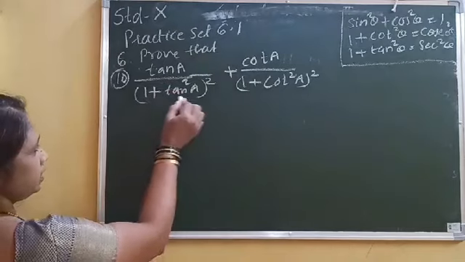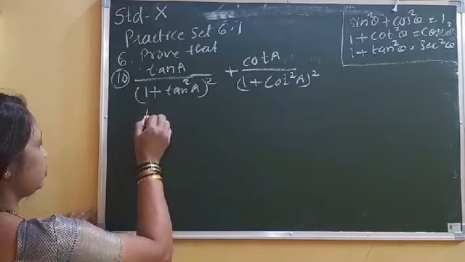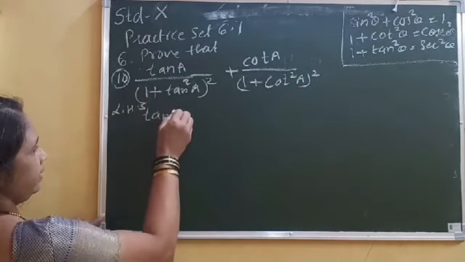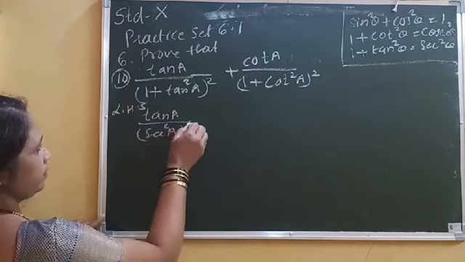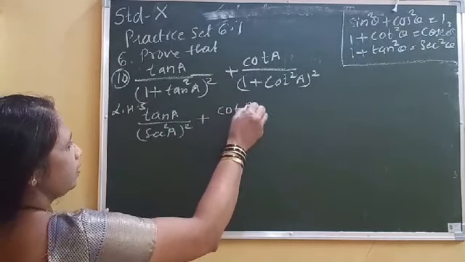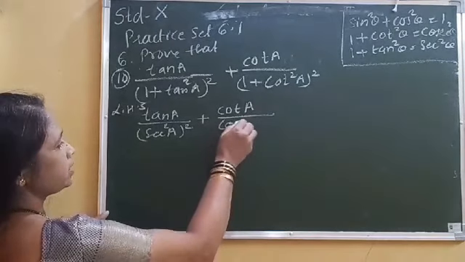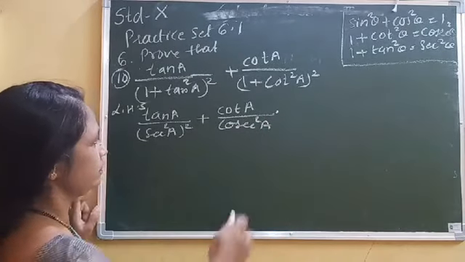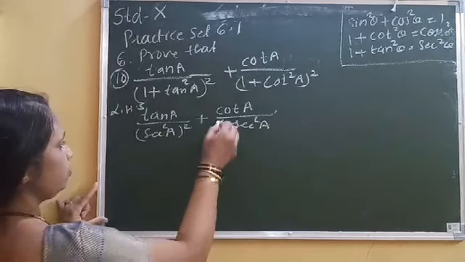So see here, this is an identity. This is what? 1 plus tan square means sec square. So LHS: tan A upon sec square A raised to 2, plus here cot A upon 1 plus cot square, which means cosec square A, raised to 2 again.